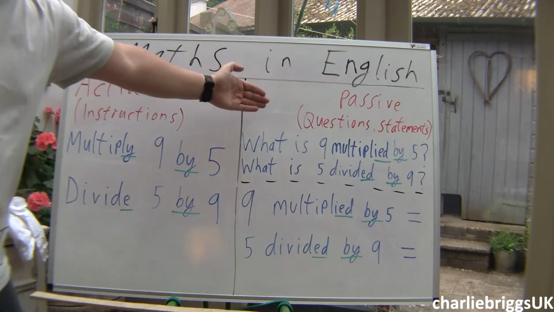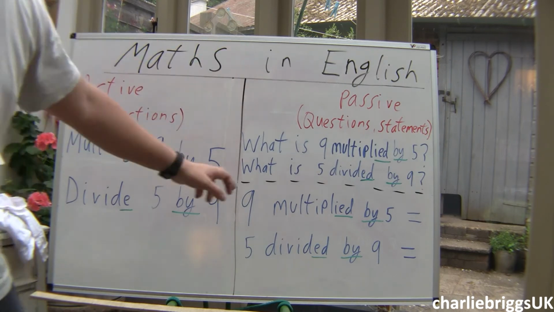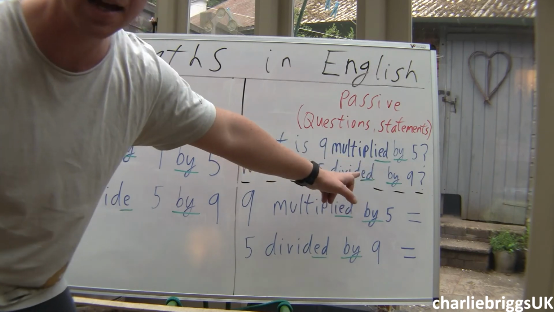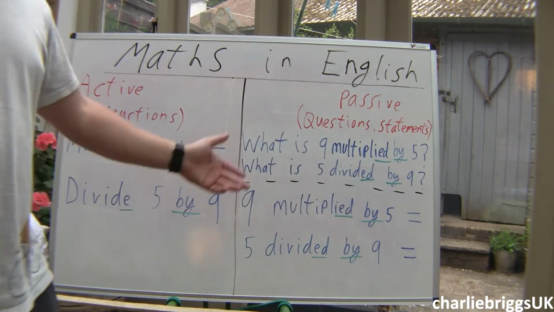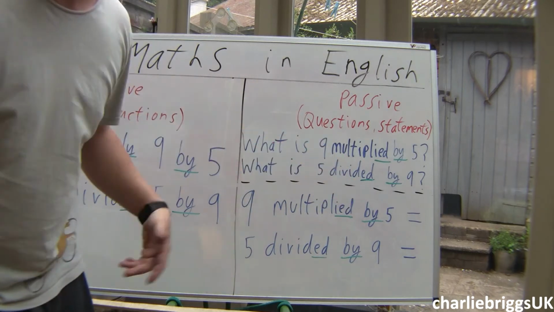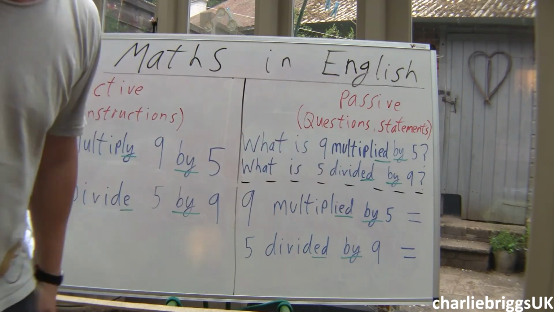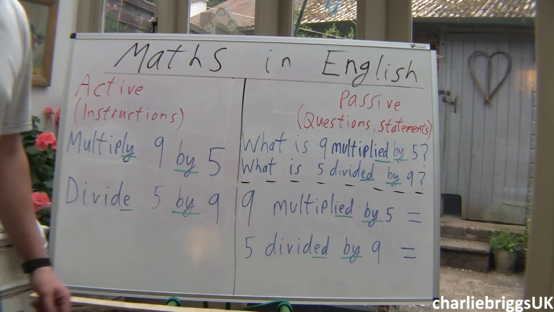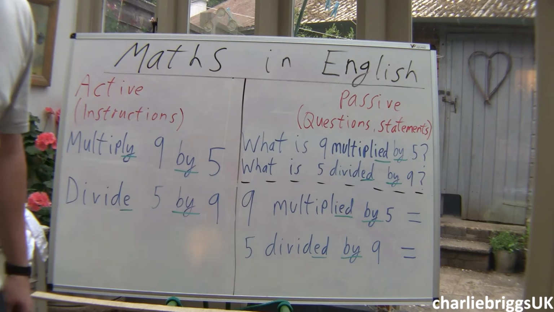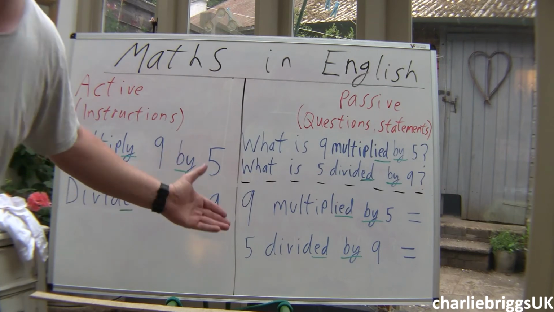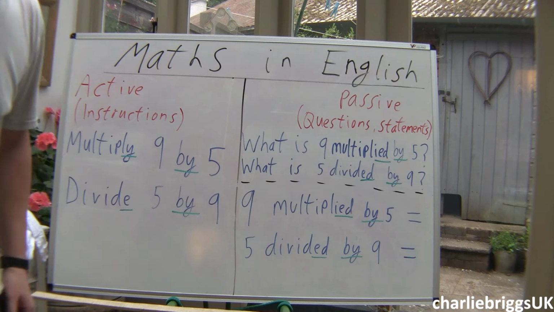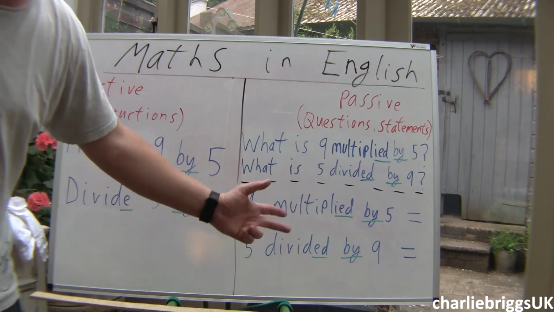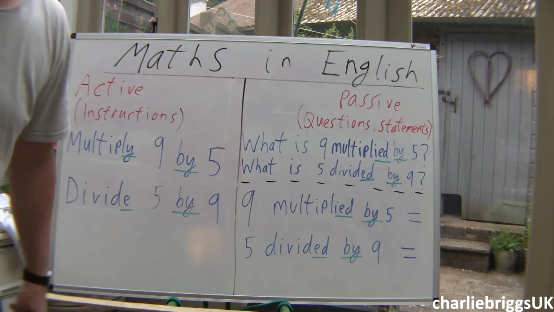In the passive, so if we're asking questions or statements, it's multiplied or divided. Something multiplied by something, something divided by something. And so with the statement, same thing as with the question, use the passive. 9 multiplied by 5 is 45. 5 divided by 9 is about 0.5.